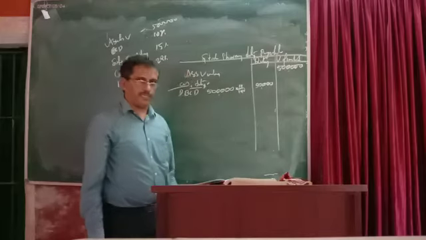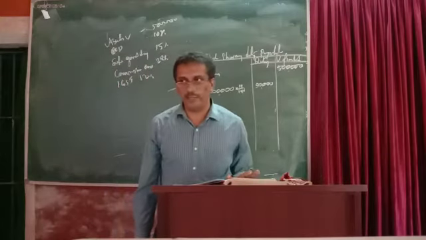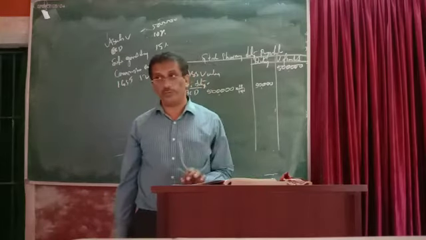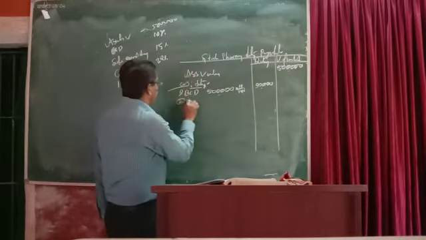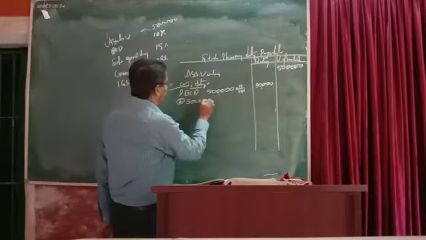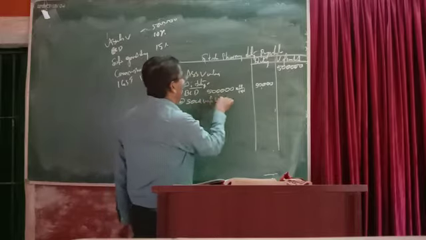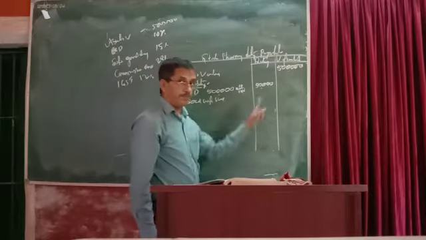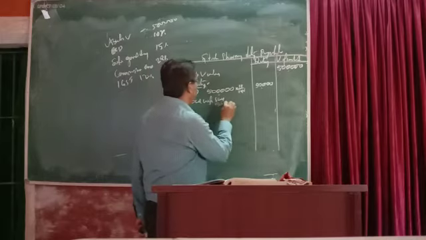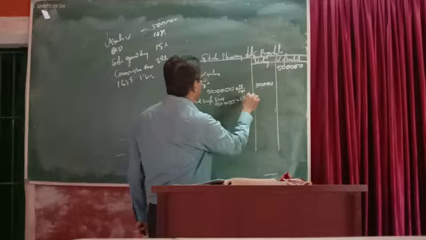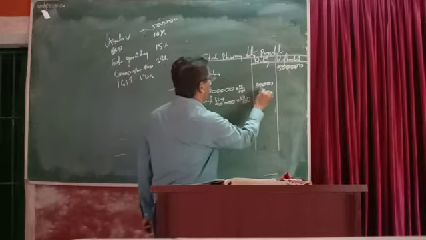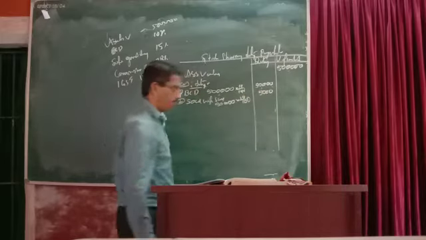If there is a BCD, you are supposed to give social welfare surcharge. Social welfare surcharge from BCD: 50,000 into 10% will be 5,000.